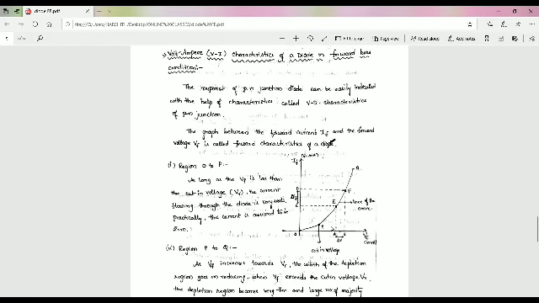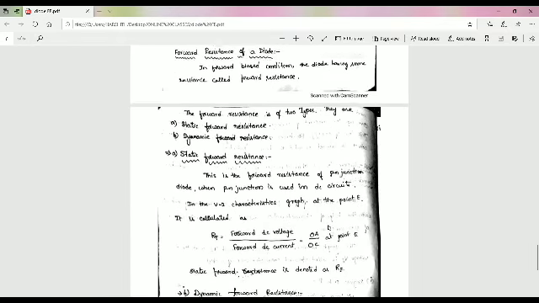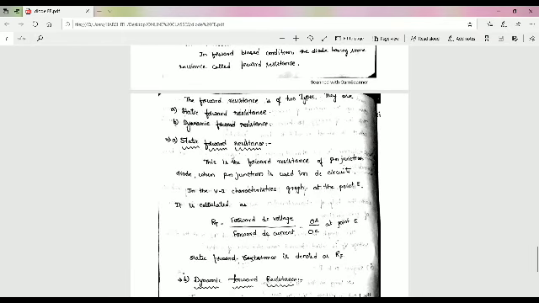Another topic is forward resistance of the diode. What do we mean by forward resistance? The resistance offered by the PN junction diode in forward biased condition is called the forward resistance.